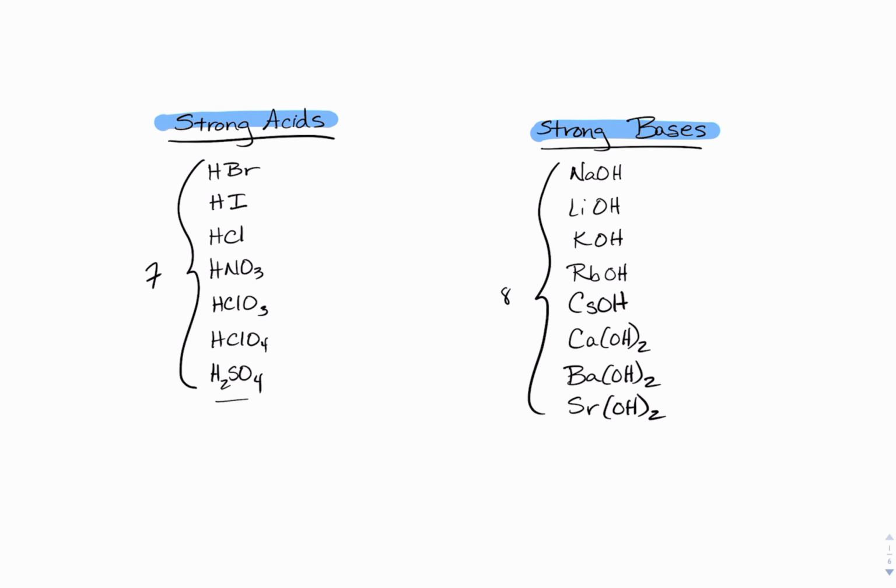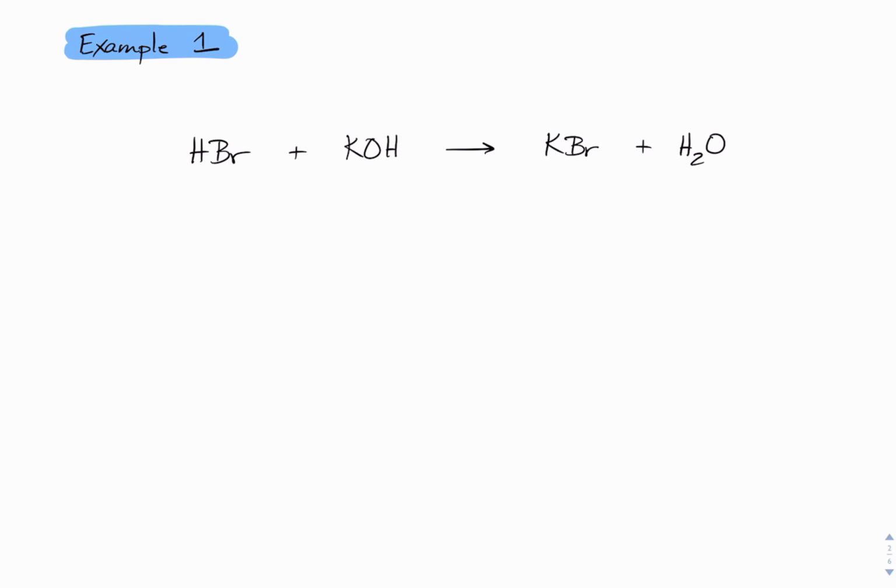So let's look at an example of an acid-base neutralization reaction. So here you have hydrogen bromide, or hydrobromic acid, sorry. And hydrobromic acid is one of our strong acids. And then you have potassium hydroxide is one of our strong bases.